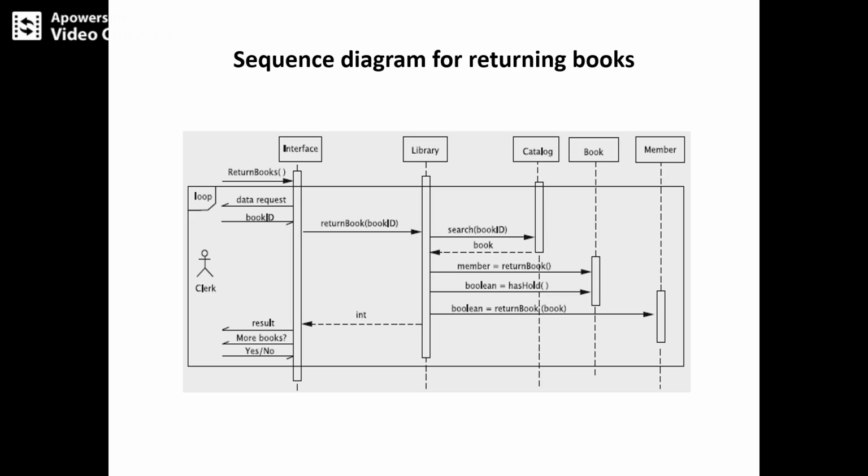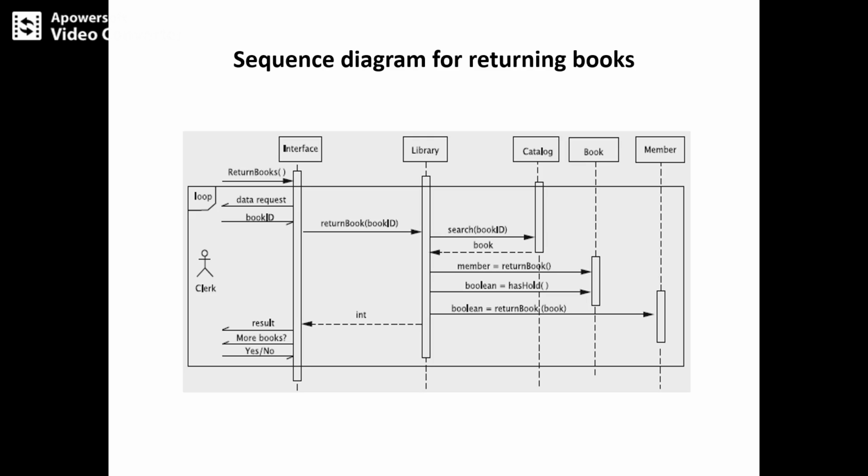How many books have been returned: one book returned, two books returned, three. So the return type is integer. We need to check the result, whether more books need to be returned, yes or no. So the loop will be repeating here.